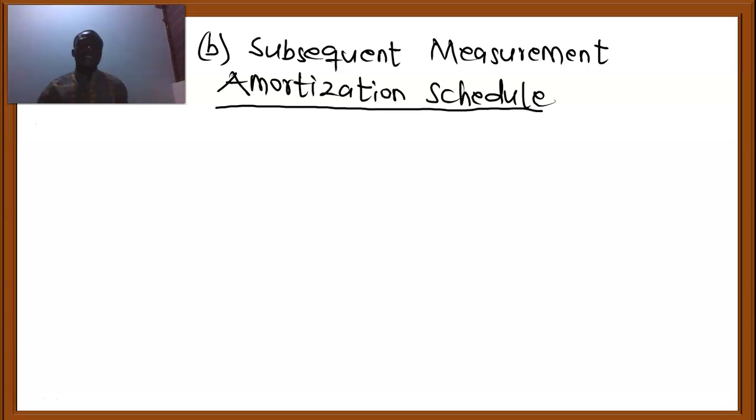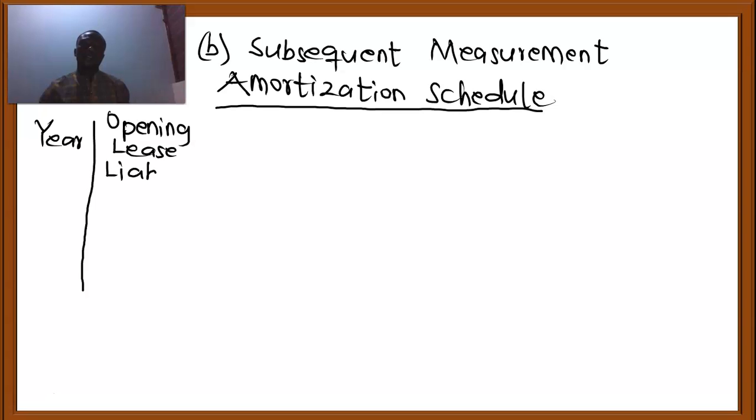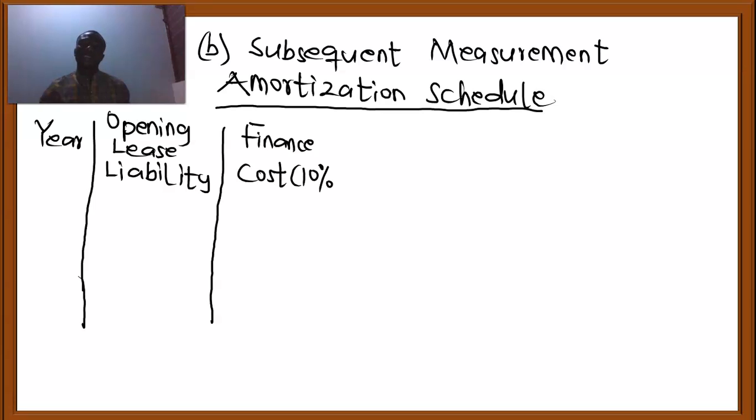We have our year, opening lease liability, finance cost at 10%, that is the interest rate implicit in the lease.